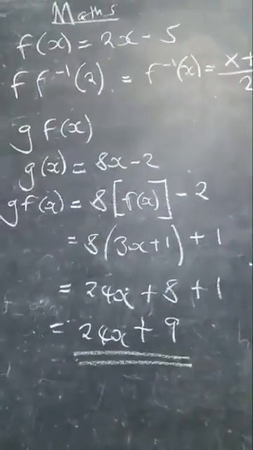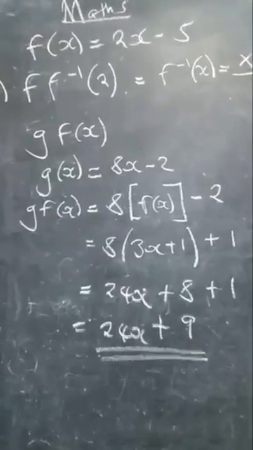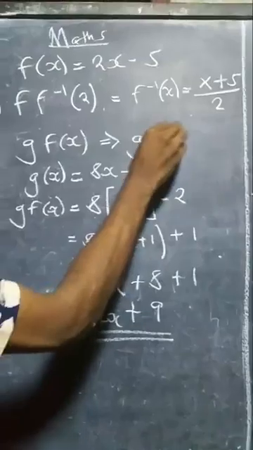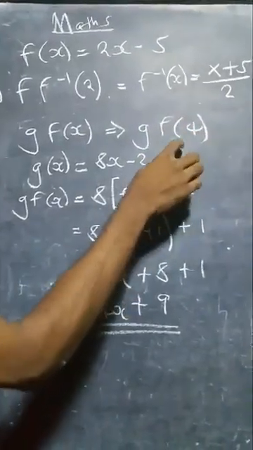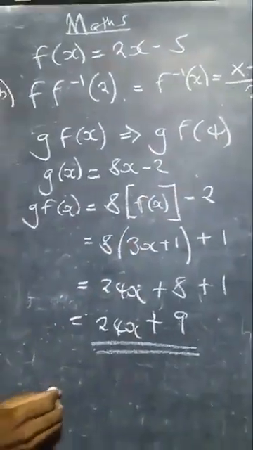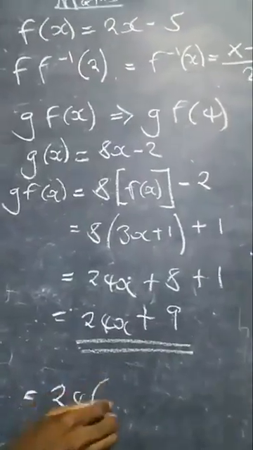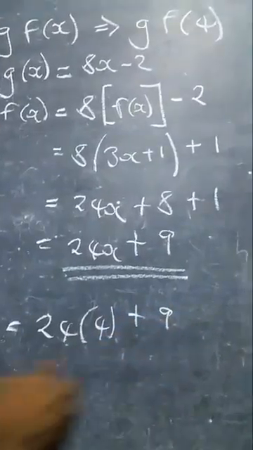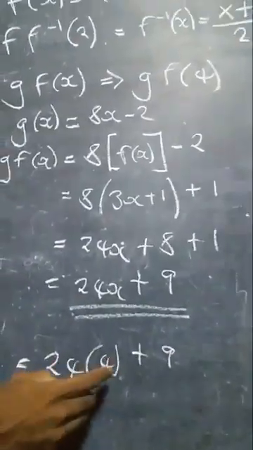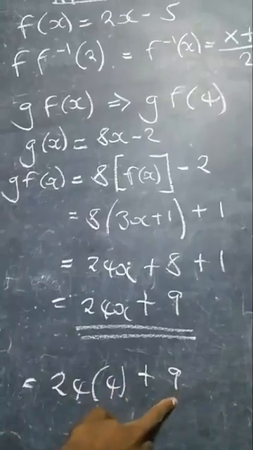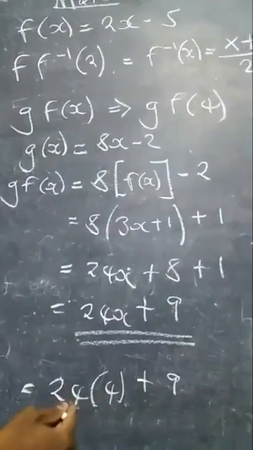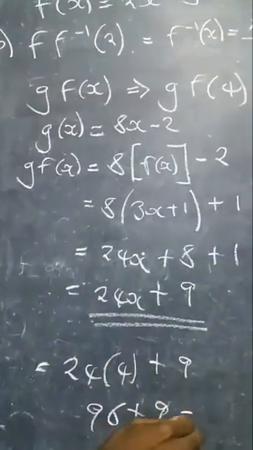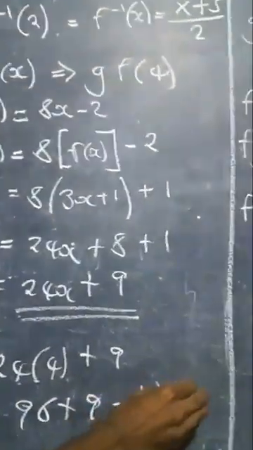If we had numbers, for example, find gf of 4, your answer is just 24 by 4, then plus 9. That's how you solve it. 24 by 4 is 96, so 96 plus 9 is equal to 105.